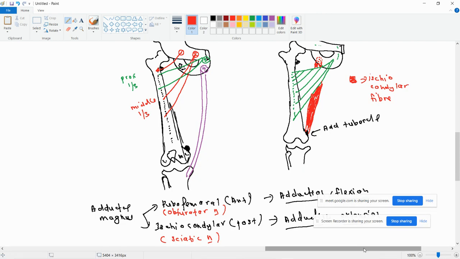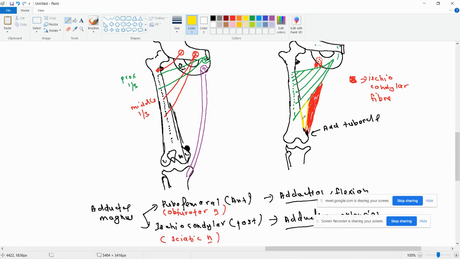Still your adductor magnus. Now listen carefully. Last one for your adductor group. In between your pubofemoral part and ischiocondylar part, can you see this opening?